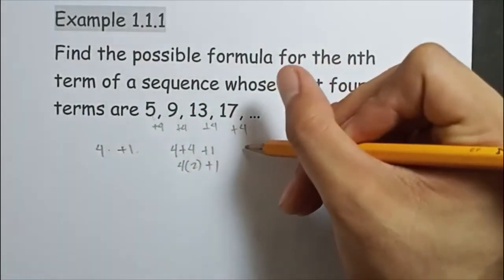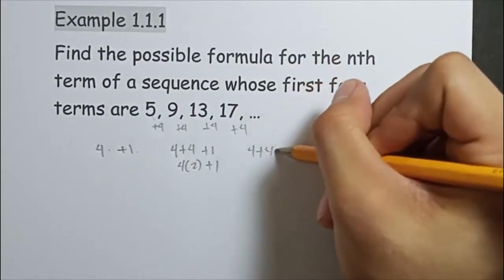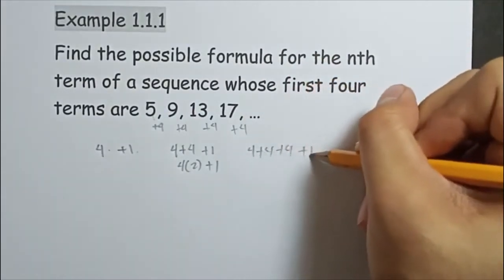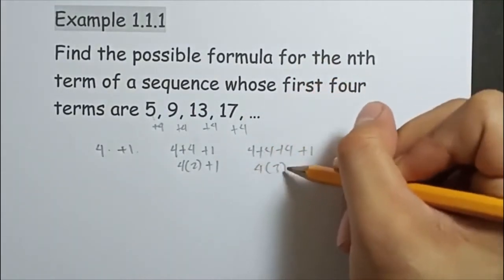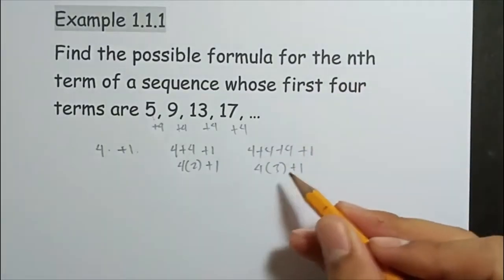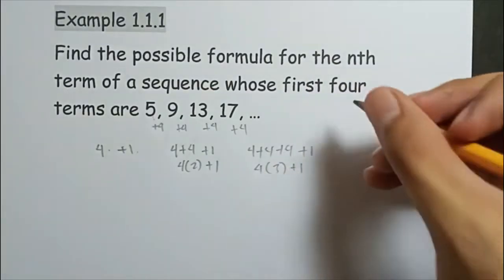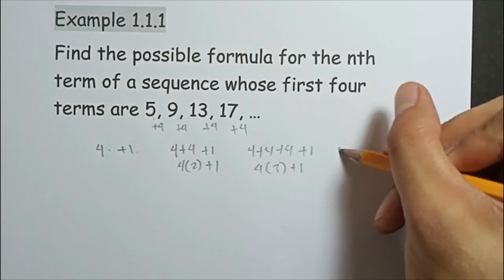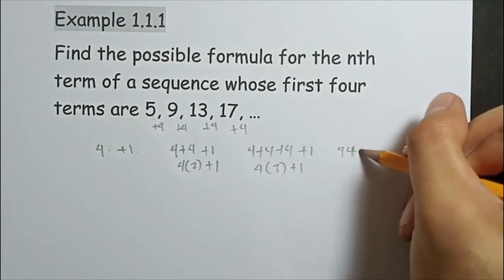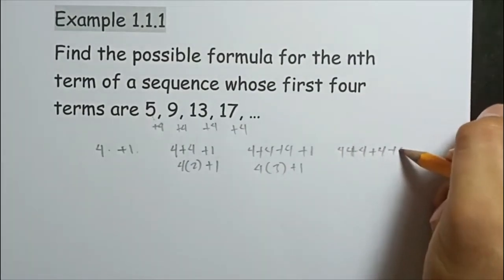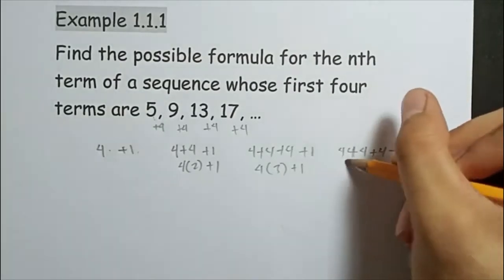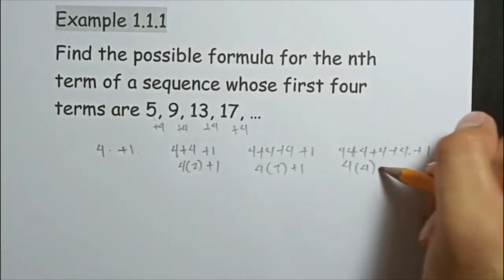Diba? Then, third term natin is 4 plus 4 plus 4 plus 1 or 4 times 3 plus 1. Kasi 4 times 3, 12 plus 1, 13. Then, yung last term natin is 4 plus 4 plus 4 plus 4 plus 1 or 4 times 4 plus 1.